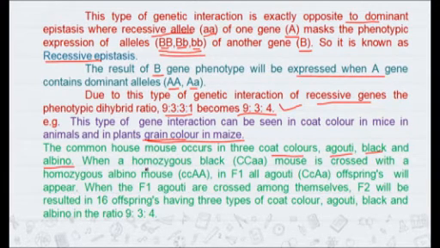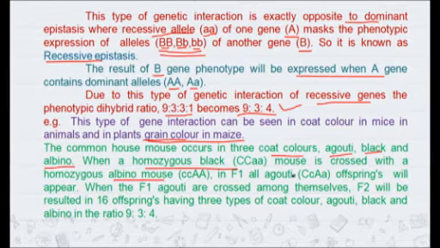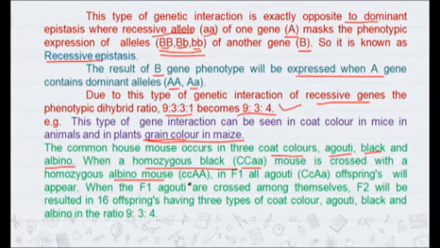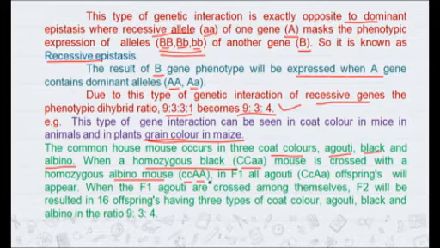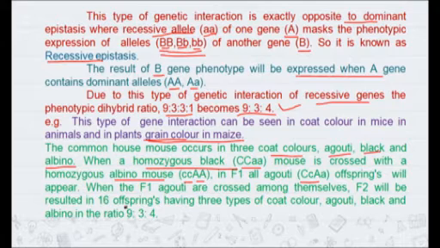In our example, we have selected one homozygous black mouse and one homozygous albino mouse. The genotype of the homozygous black mouse is capital C, small a, and the albino mouse contains small c, capital A. In F1, all offspring will be agouti.